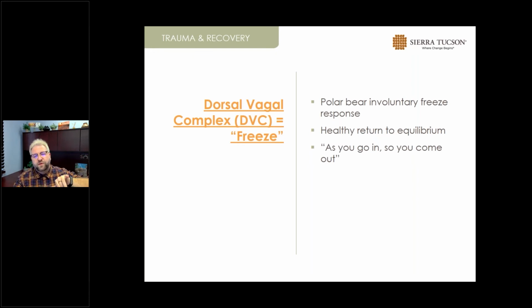So when we're working with clients, when they go into freeze, they will come out in that same activated state. So since the polar bear was running and went into freeze at that point, as it's coming out of freeze, it's still kind of in that running response.